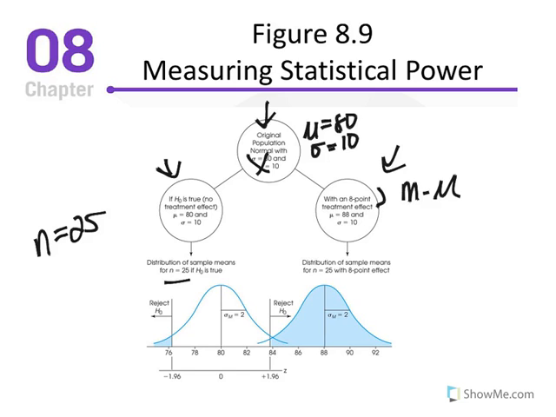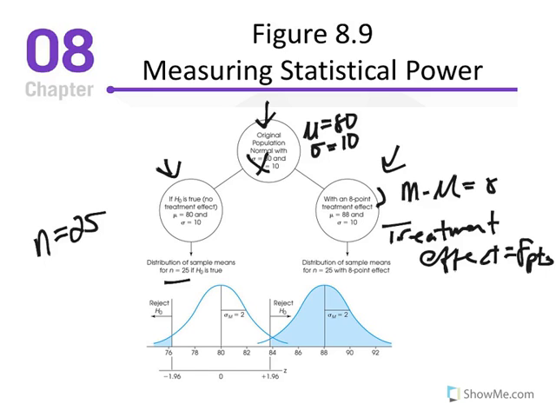So if we have a treatment effect equal to 8 points, we're saying the difference between the two is equal to 8. So if M minus 80 is equal to 8, then our sample mean must equal 88. And that's where this value is coming from.